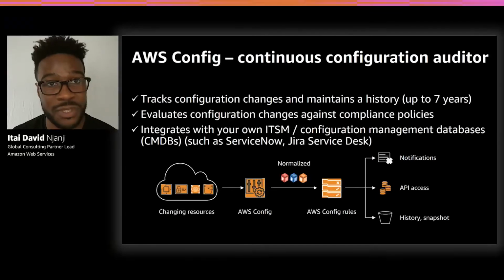It integrates with some of your ITSM tools, as I alluded to earlier on, such as ServiceNow and Jira Service Desk, for activities such as CMDB, incident and event management, and remediation. Most importantly, and appropriately for this conversation, it allows you to meet your compliance posture. And I'll talk a little bit about that as well.